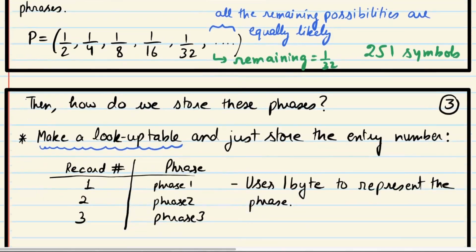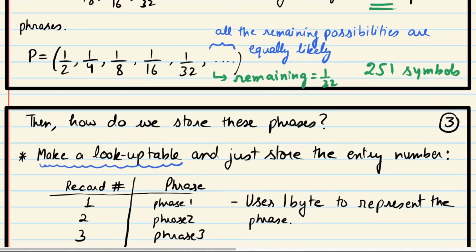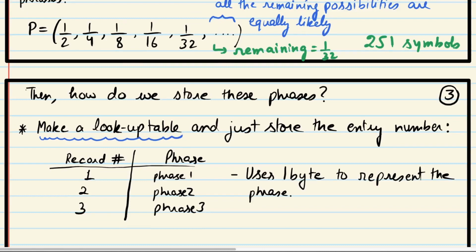So let's think of some very simple schemes. Let me start with the simplest scheme that perhaps comes to your mind. We make a giant lookup table. This lookup table has 2 columns, record number and phrase. So it puts a record number 1, 2, 3, and then it puts the phrase corresponding to it. How many records are there?